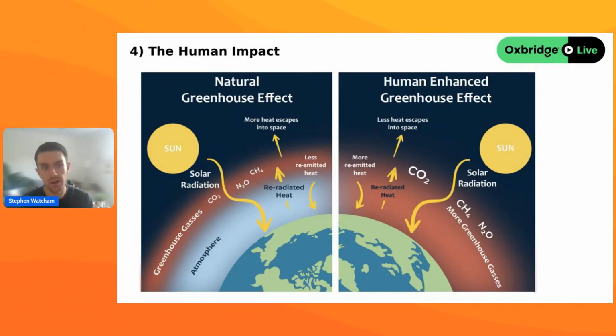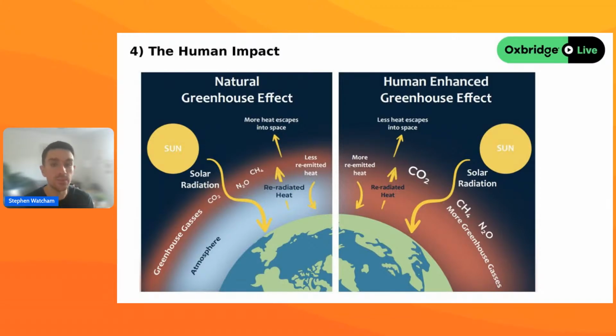The issue comes when we have human activity enhancing the greenhouse effect. Through human activity, burning of fossil fuels, transport, agriculture, we are putting more emissions into the atmosphere. We're releasing more CO2 as we burn fossil fuels. We're releasing more methane as we increase our agricultural output.